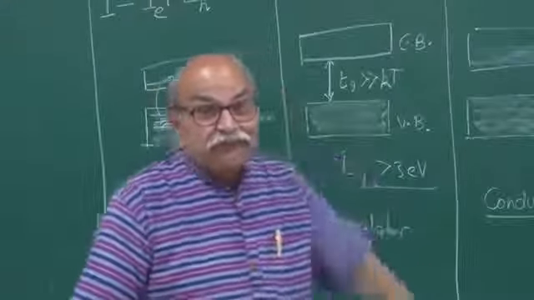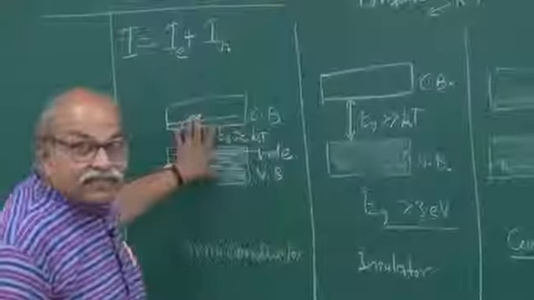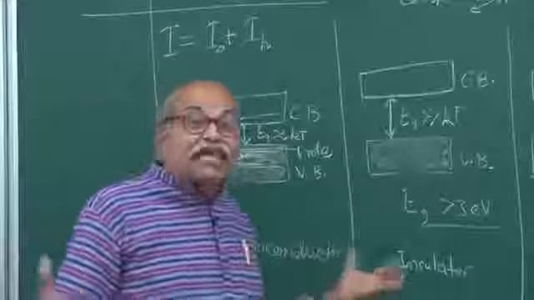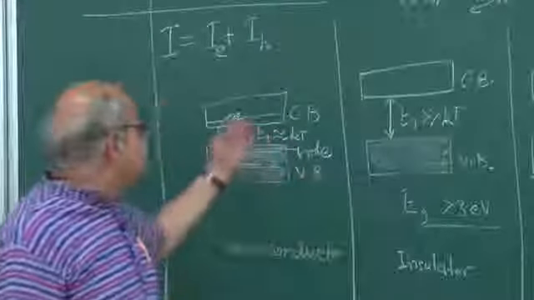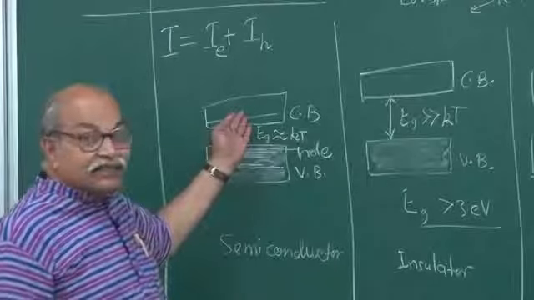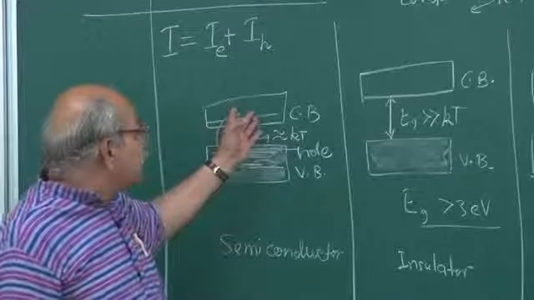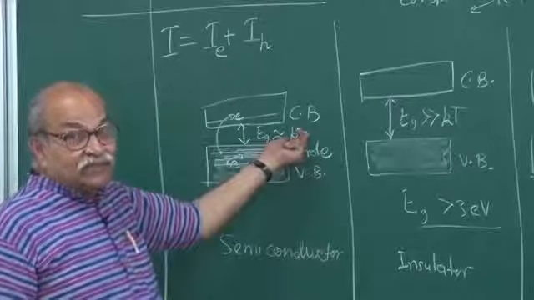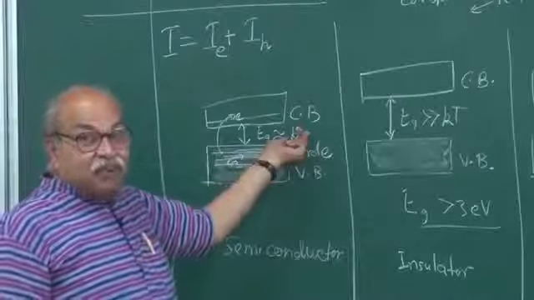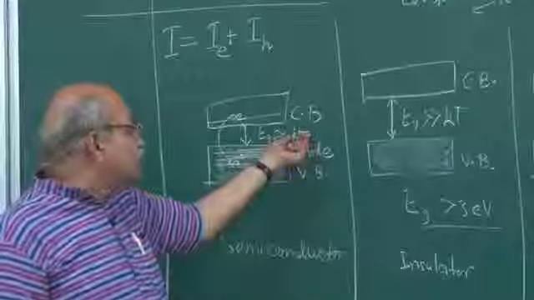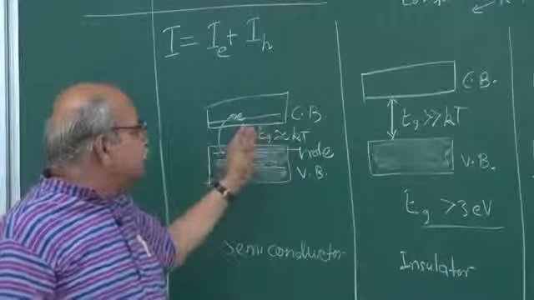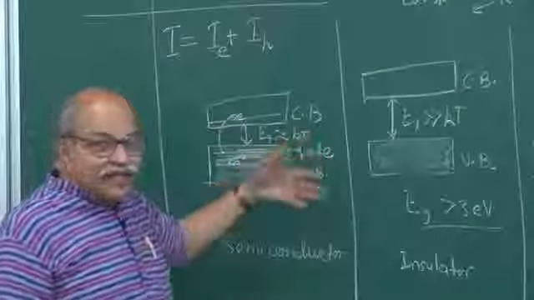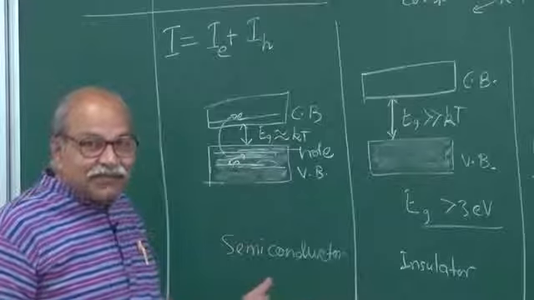But if you talk of semiconductors, increasing temperature is a big asset, because these conduction electrons, these quantum states which are filled, are there because of the temperature, because of kT. If the temperature is more, then kT is more, and then Eg, which is of the order of or slightly more than kT, is satisfied even better.